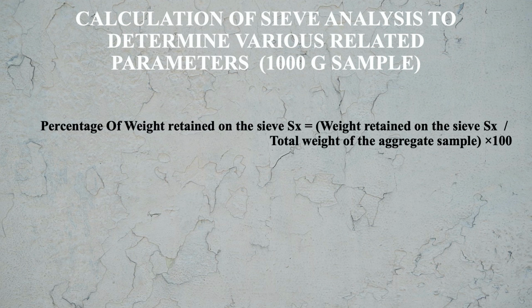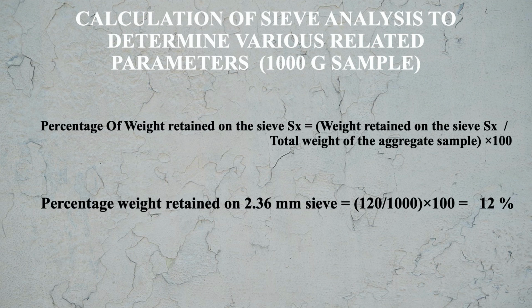So for 2.36 mm sieve, the weight retained is 120 grams, because we saw that 120 grams of sample was retained on 2.36 mm sieve size. So 120 divided by 1000, because we have taken 1 kg of sample, so 1000 grams, into 100 equals 12%. So that way you can calculate, as I told you, for column 4 basically.